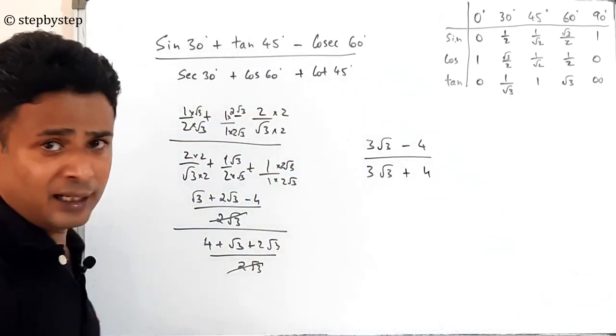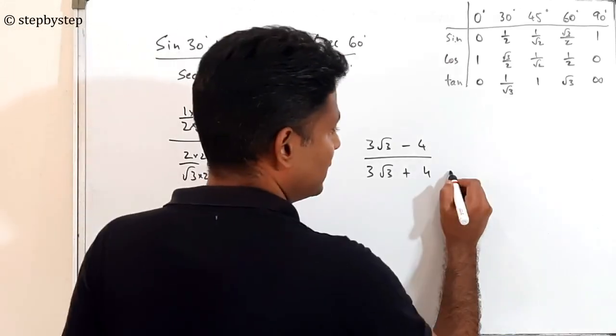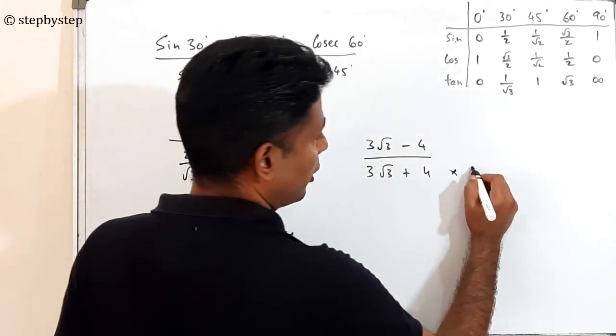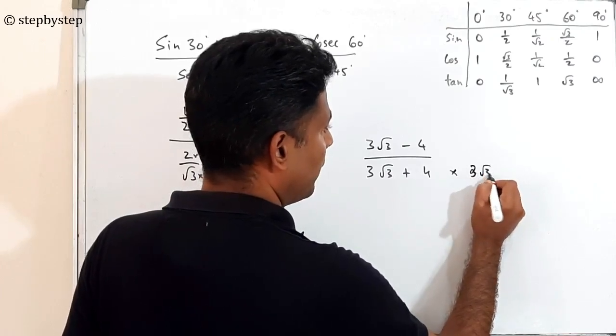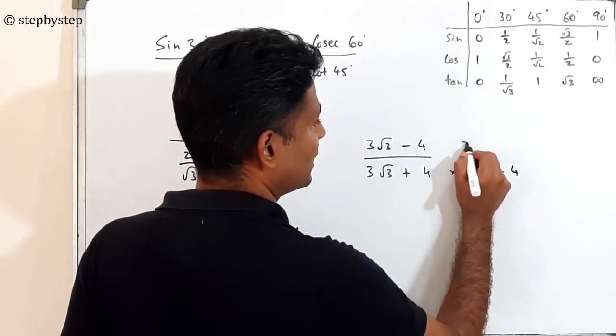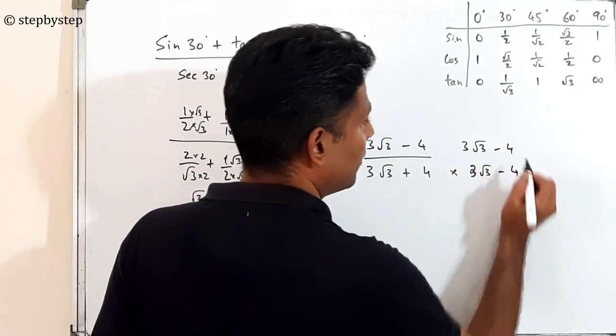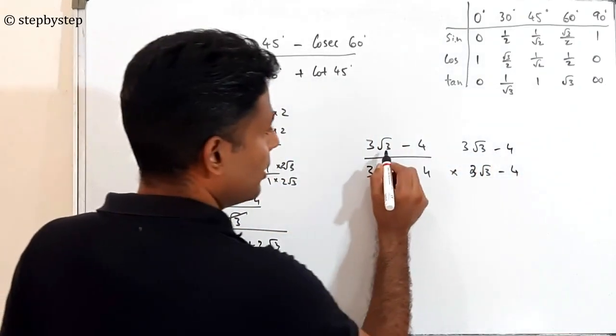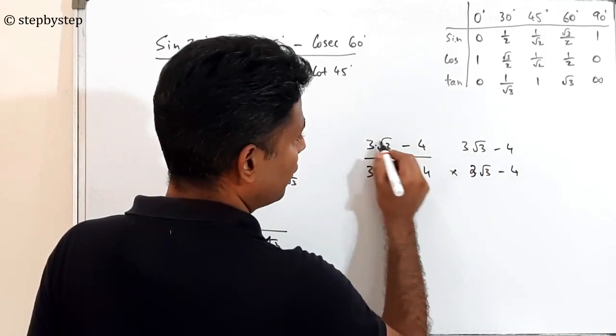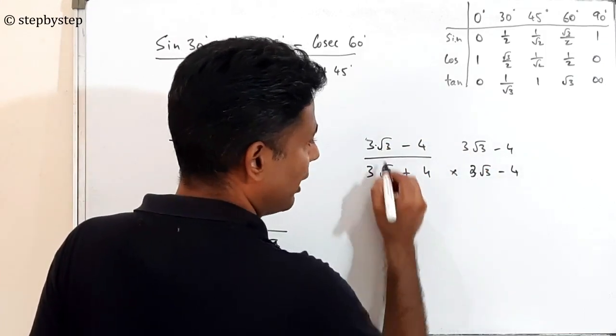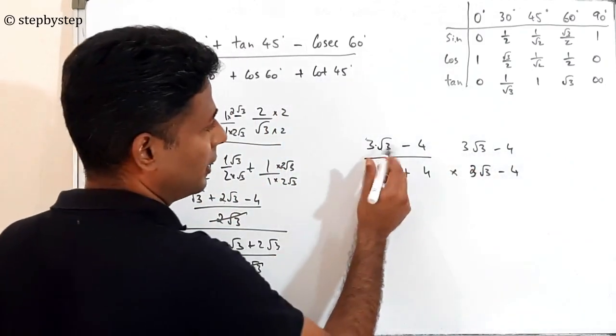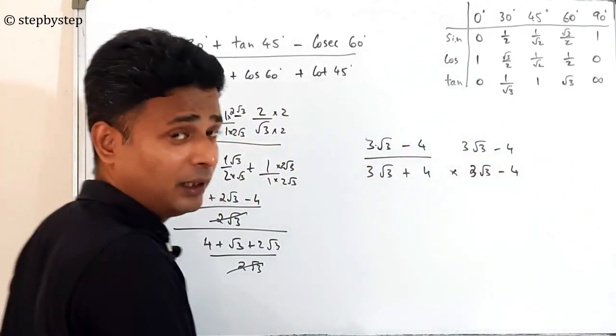Now denominator is irrational, so we have to rationalize. This is of the form a plus b, so we have to multiply by a minus b, if you remember from last year. So again here we are multiplying up and down by same thing. Now this into this is of the form a minus b whole square. So I'll apply a minus b whole square formula here. A minus b into a minus b, right? Same thing.